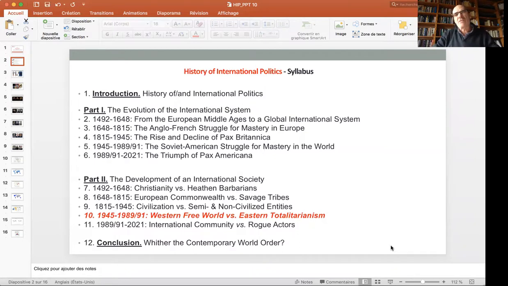This period was characterized by the creation of the United Nations by the major winner of World War II, that is to say, the United States of America, but also by a kind of ideological struggle opposing the so-called free world of the West to the communist bloc, considered to be synonymous with totalitarianism by Western states in general and by the United States more specifically.